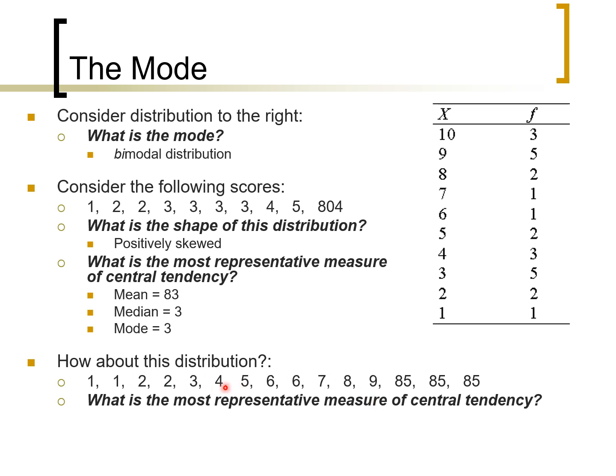So in this case, what's the most representative measure? Probably the median, because our mode is biased a little bit, and we know that our mean is also going to be heavily influenced by these high scores and further away from what most of the scores generally are around. And we can see the actual values.